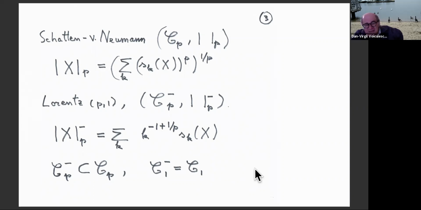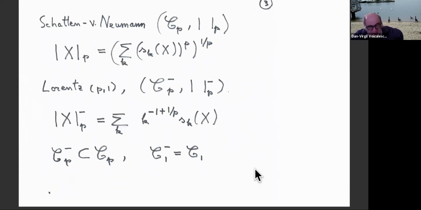So if you take a projection of dimension k, it has norm k to the power 1 over p, and this is somehow the largest norm which has this value on projections. And these ideals will turn out to be actually more important for me than the Schatten-von Neumann ideals.